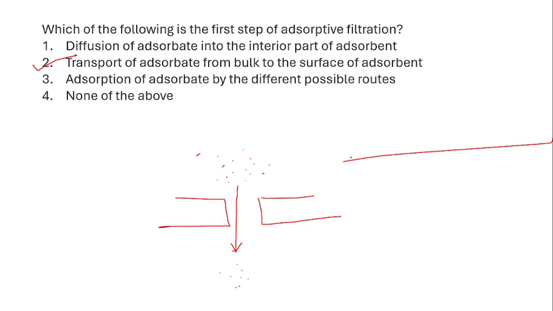So here one thing constantly you have to keep in mind is the difference between the adsorbent and the adsorbate. So if you see the adsorbent here, it is the bed. Okay, so this is the adsorbent. It is used to capture the contaminants. Adsorbate are the particles which are going to stick onto this adsorbent.